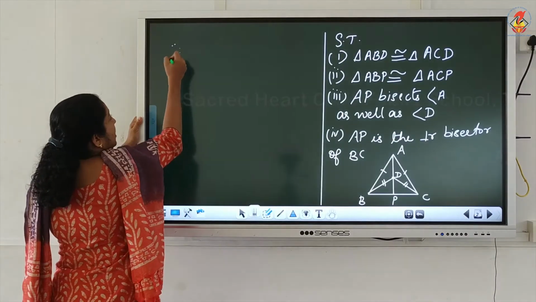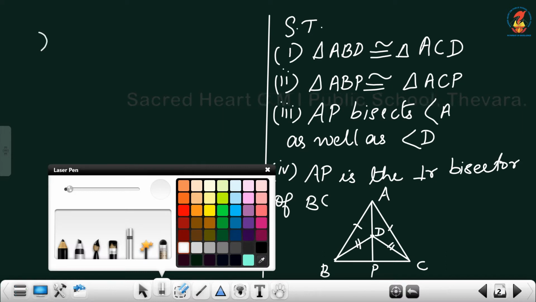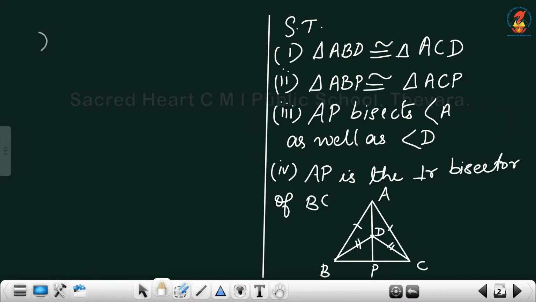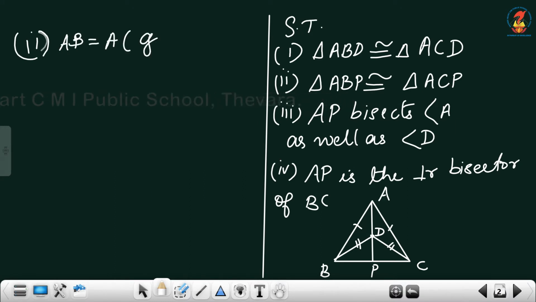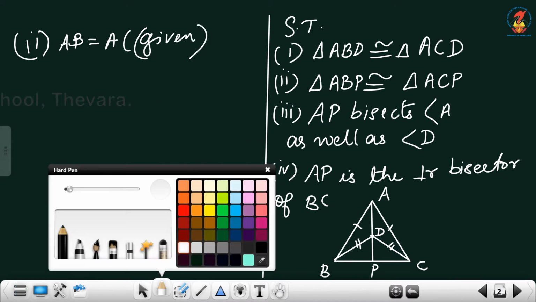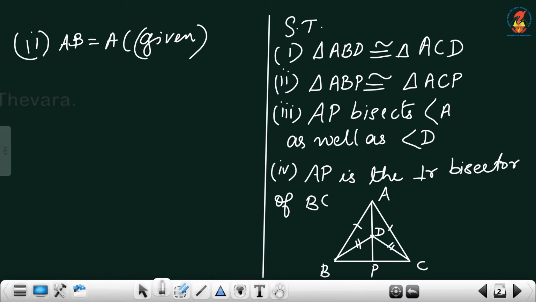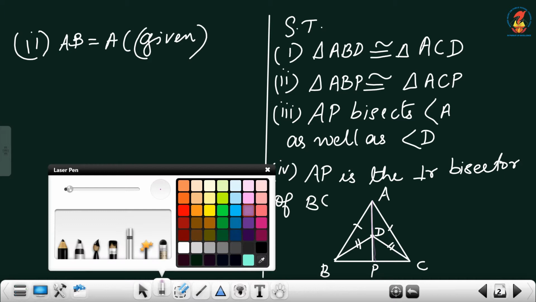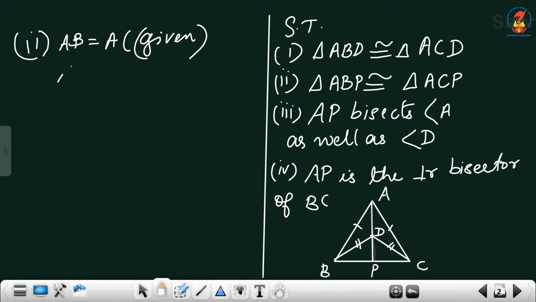So second one: AB is equal to AC is given. What about this side? This side AP is common to both. So we can write AP is equal to AP, common.